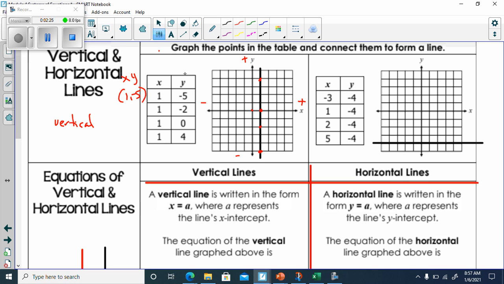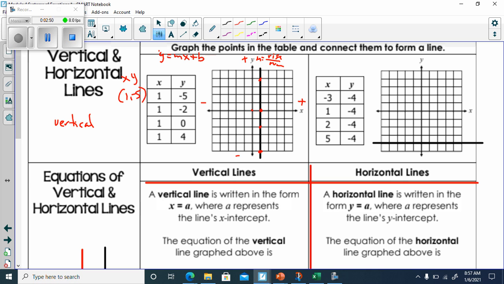Now, how can we find the equation for this line? Let's start with y = mx + b. b is where it crosses the y-axis, but there's no place that it crosses the y-axis here, is there? So maybe let's try getting the slope. The slope is rise over run, the m.